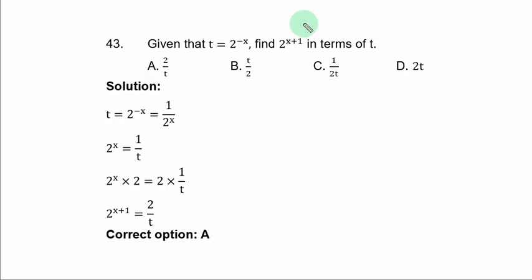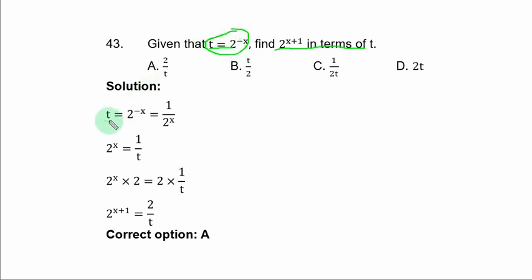Question 43. Given that T is equal to 2 to the power of minus S, find 2 to the power of S plus 1 in terms of T. In terms of T, we have to start from here.